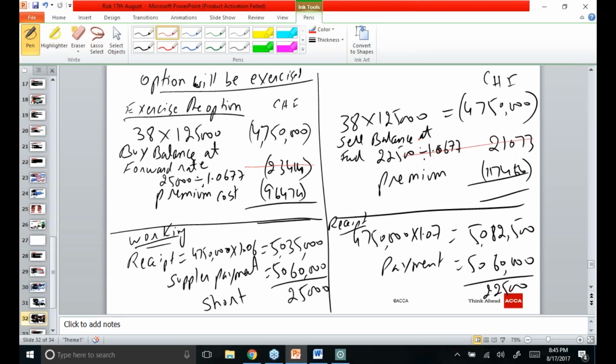If solving this step will consume your time and you are not able to complete the paper, take that assumption. Obviously, in front of 4.7 million CHF, this 23,000 CHF can be considered immaterial. That's how you are going to solve this part in the exam.